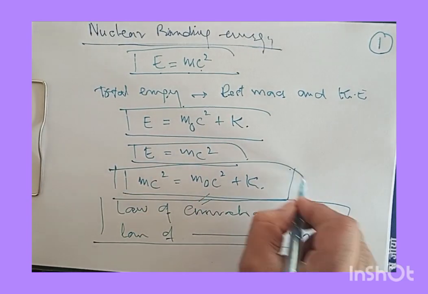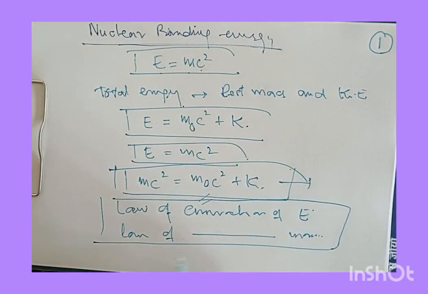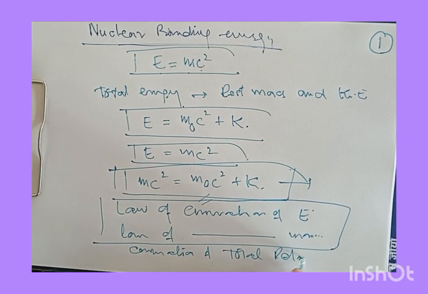So this equation incorporates the conservation of mass and the conservation of energy. If we have to draft it into a single form, this equation is basically the conservation of total relativistic energy.